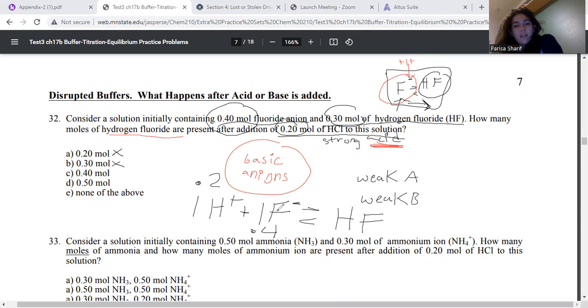So what we're going to get is 0.2 out of this 0.4 is going to react with it, right? Because H plus is our limiting reactant here. And then we're going to get 0.2 of this guy, and then we'll have like plus 0.2 left over of the F minus. Sorry, it's kind of messy, but that means we can just add 0.2 with the original amount 0.3, and the answer should be 0.5. So that's how you do these.